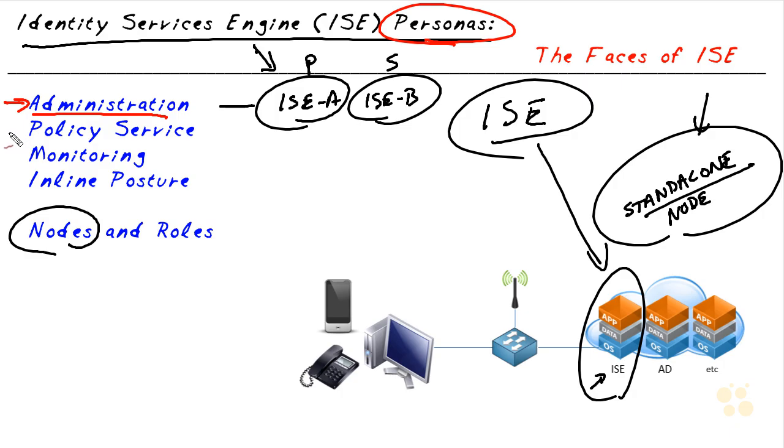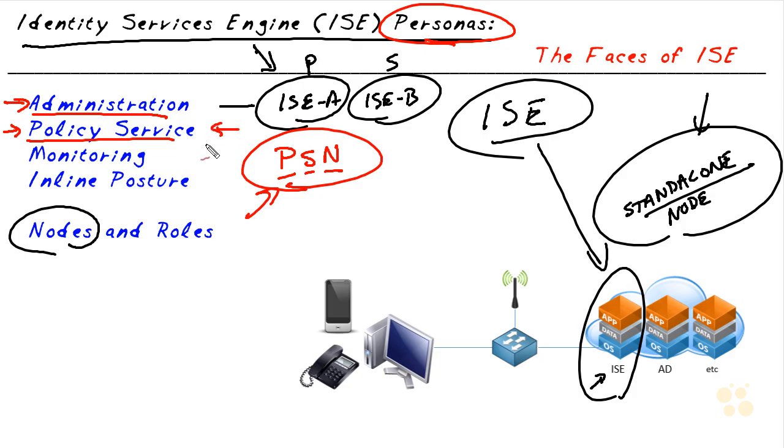Another persona is the policy service function. So if we had a node that was providing this policy service function, it would be referred to as a PSN, a policy service node. In English, that's simply an ISE server that's providing the policy service functions. And the policy service is all about implementing the policy.